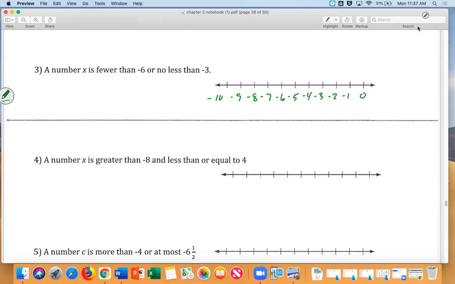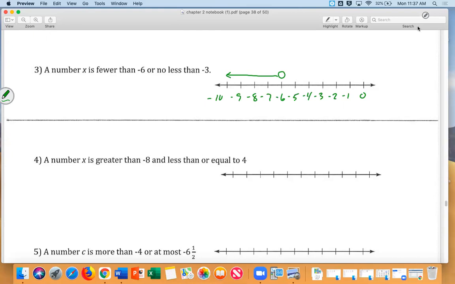Which direction, left or right, would be fewer? Left. So it says a number x is fewer than -6. So it's going to be an open circle because it just says fewer, Louis. And we're shading left.